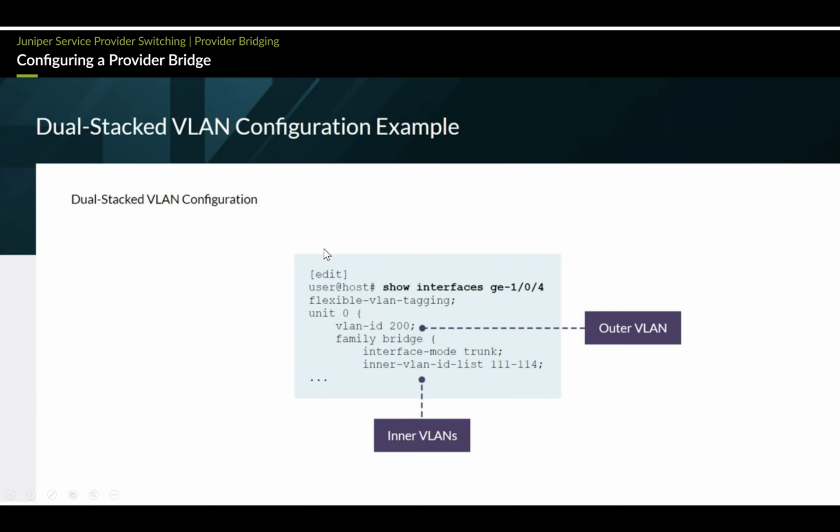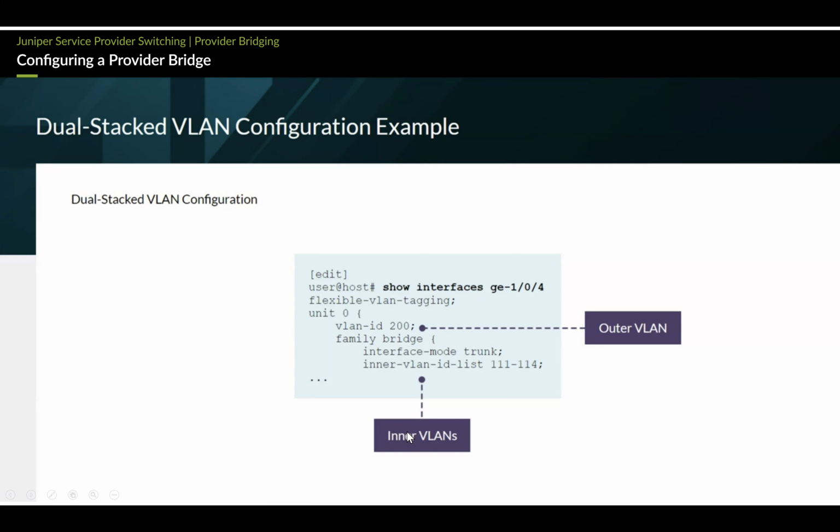Okay, so dual stack VLAN configuration. That means consider this interface is connecting with the customer bridge. Okay, so the customer is sending this VLAN ID list like 101 to 114, and this port is a trunk port, but on the service provider side, they are using VLAN 200 against this range.